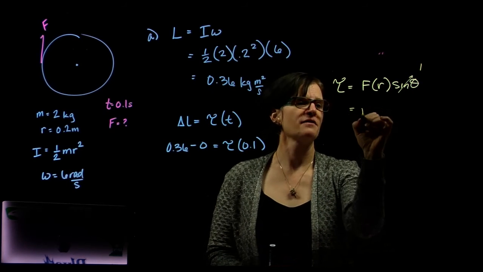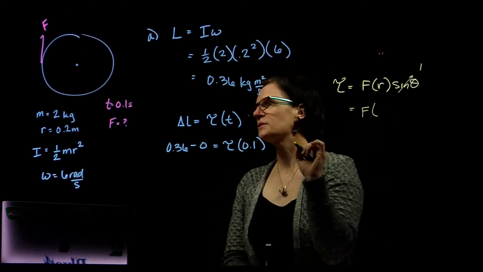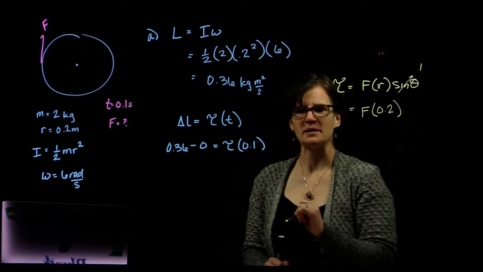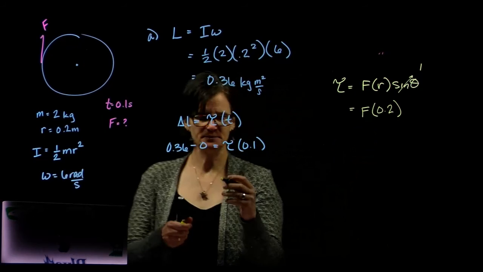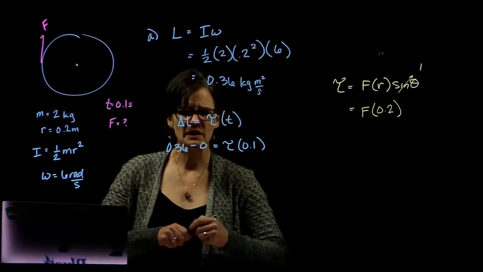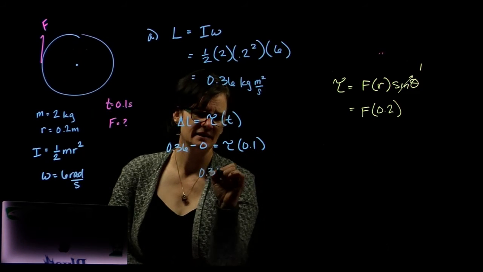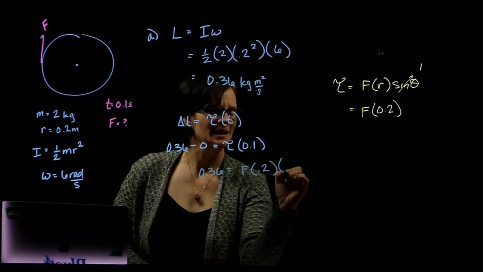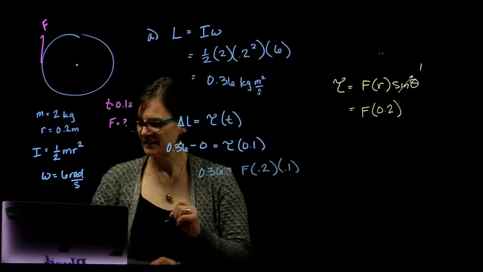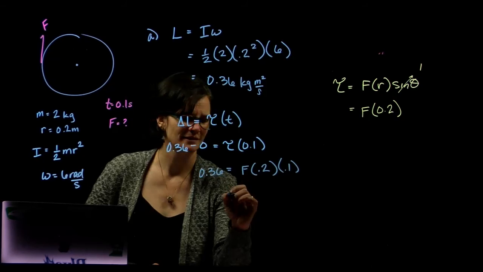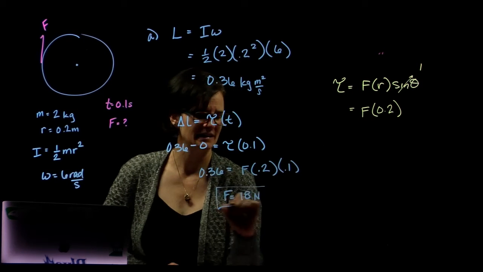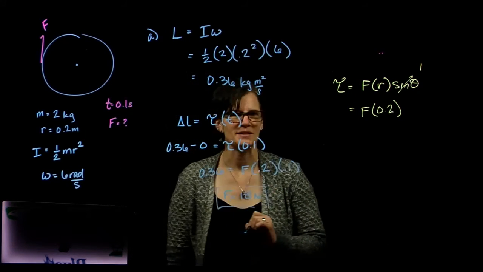And we find that the force times the radius of 0.2 is equal to my torque. So we're going to put that back in here, and we have 0.36 equals the force times 0.2 times 0.1. If I solve for the force, I find that the force is equal to 18 newtons.